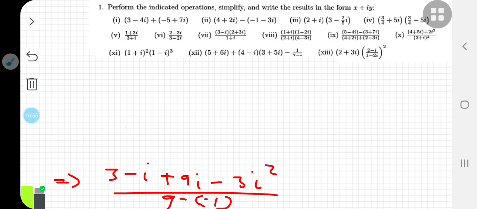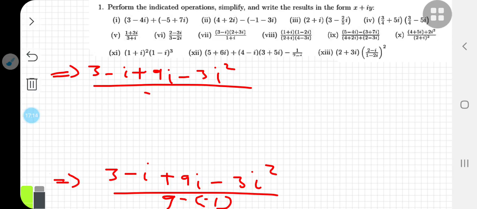So we're seeing that we have something looking like 3 minus i plus 9i minus 3i squared over 9 minus negative 1.